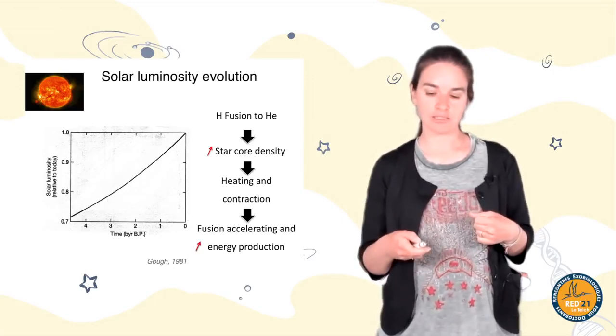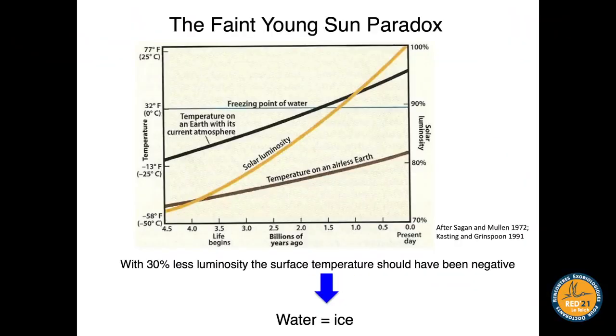Here you can see on this graph the geological time in billion years and the solar luminosity. If we look at the Archean, you can see that we have almost 30% less solar luminosity. With this lower luminosity, we can calculate what the surface temperature should have been.